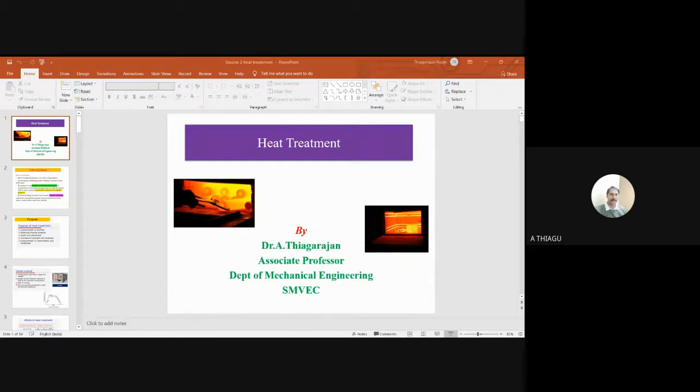With air cooling, oil quenching or water quenching, if you cool suddenly, ultimately we can increase the hardness. Hardness will be very high and the material becomes stronger. As a result, the materials are more brittle and the structure will be modified.